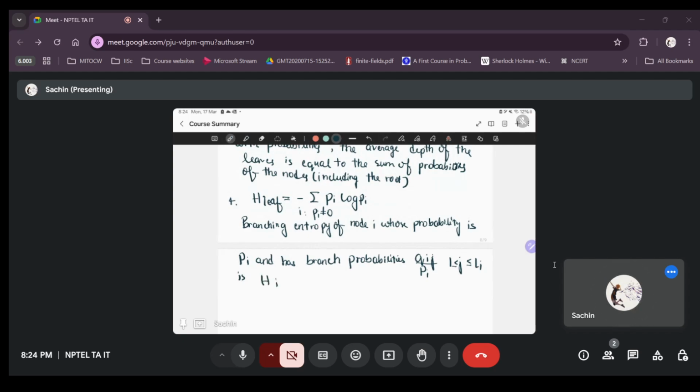It is Hi equal to minus summation Qij over Pi log of Qij over Pi, over all j such that Qij is not equal to 0.